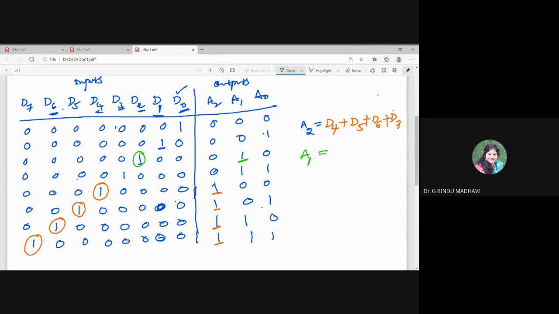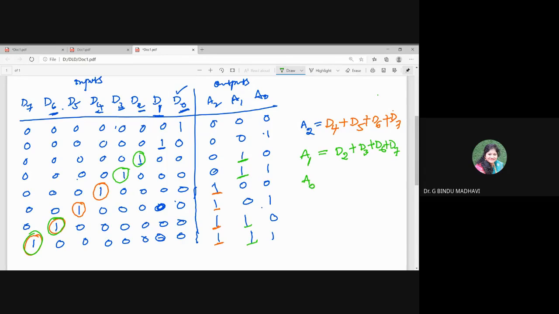D2. So I can write D2 plus. Next, here we are having 1 again, D3, so D3 plus. Very good. D6 and D7. So you need to consider D6, D7.